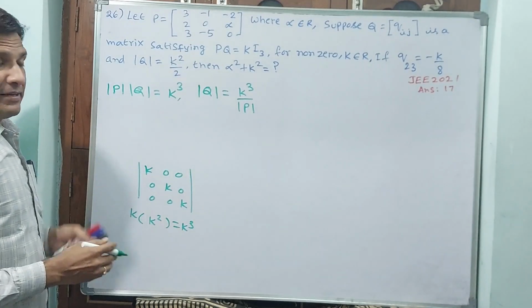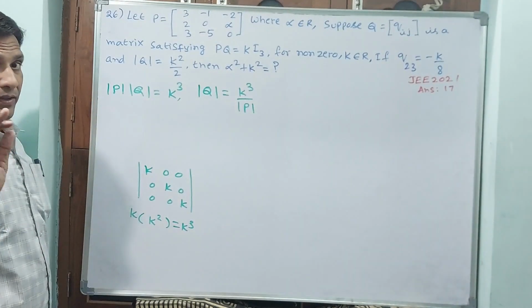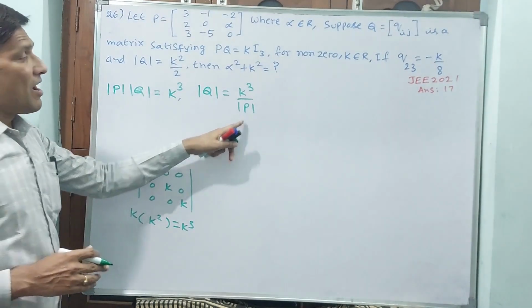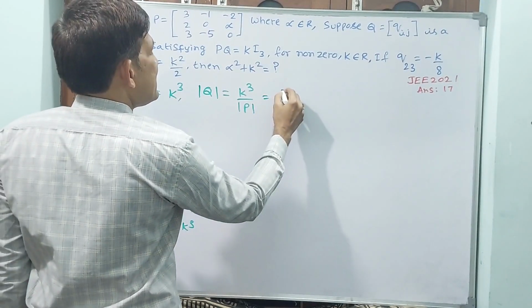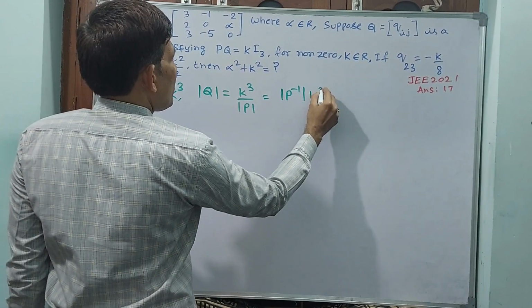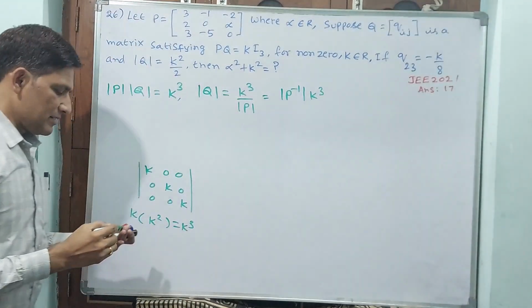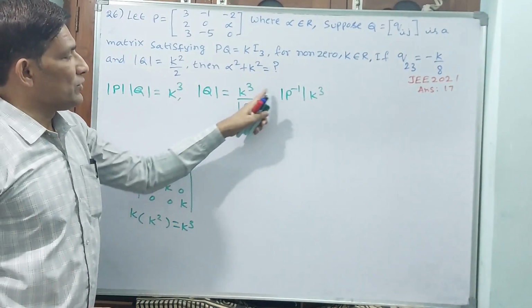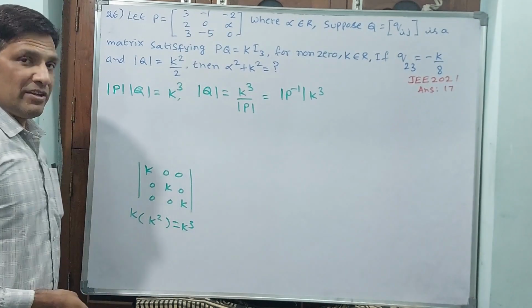Both are correct. Why? Because the denominator P has come, or else if you send it to the numerator, this is going to become P inverse.